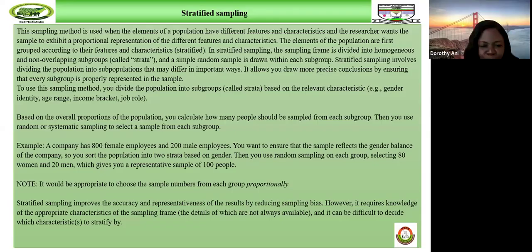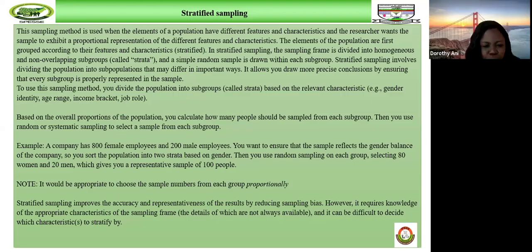Look at what is done here. Because you are looking for 100 people, and we have 1,000. So 100 over 1,000 is 10%.